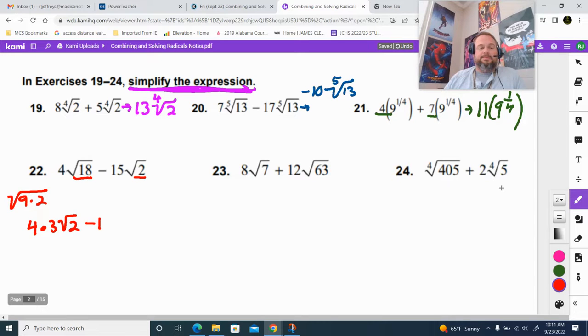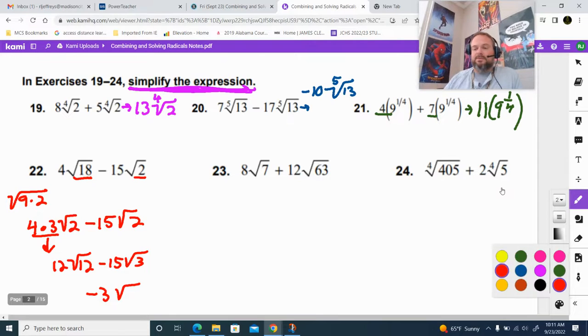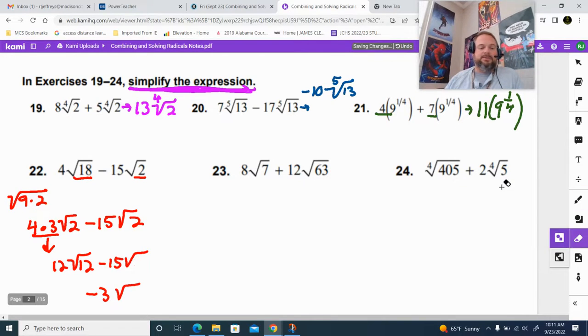What is 4 times 3? Yeah, 12. And then this would be negative 3. Oh, shucks. I've just been writing all types of numbers wrong. This is what happens when I get sleep.